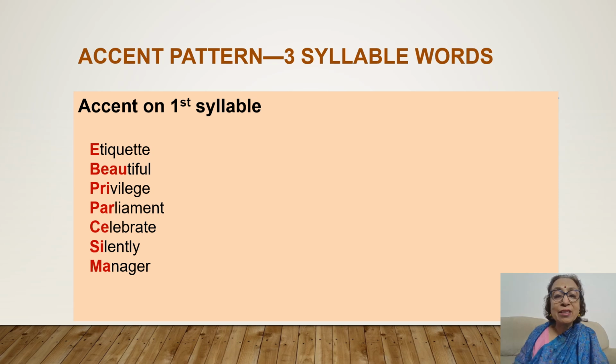Now look at the third syllable, it's so long. In spelling, it is Q-U-E-T-T-E. That is 6 letters. But how is the pronunciation? The pronunciation is ket. K, E, T.